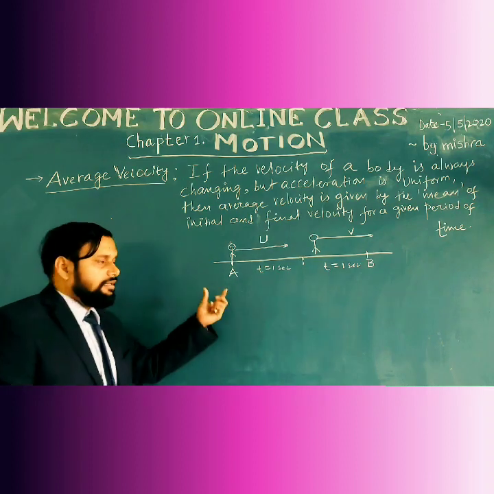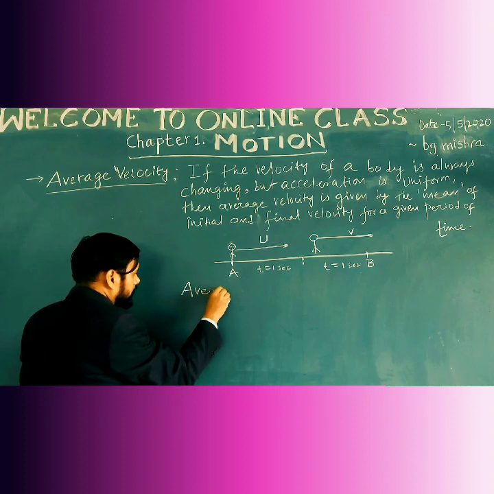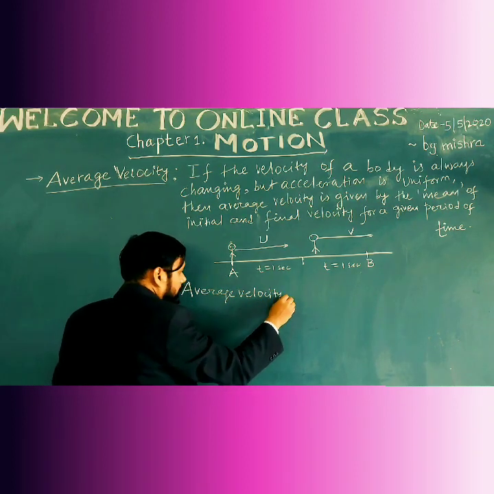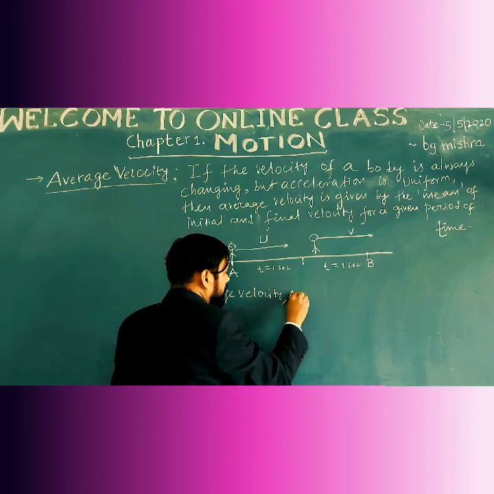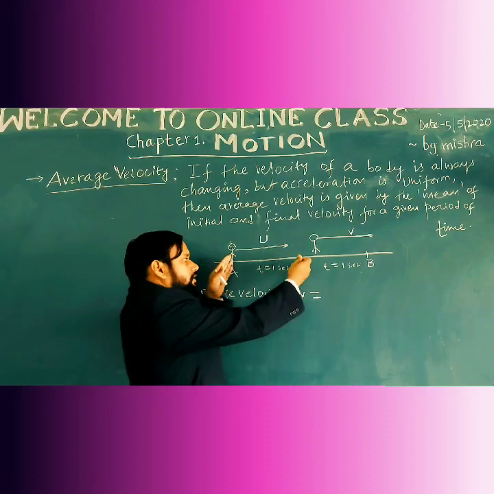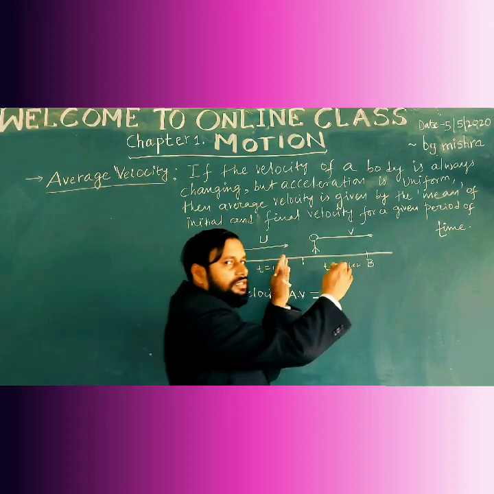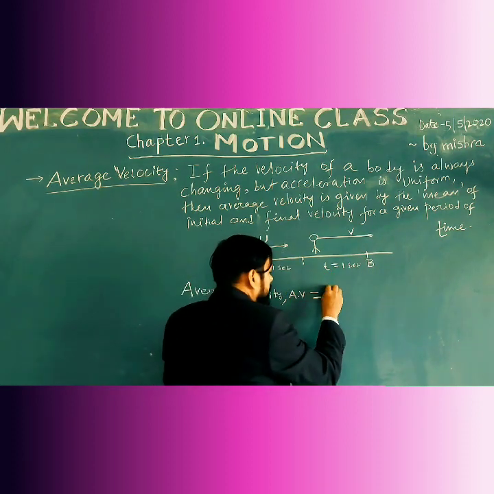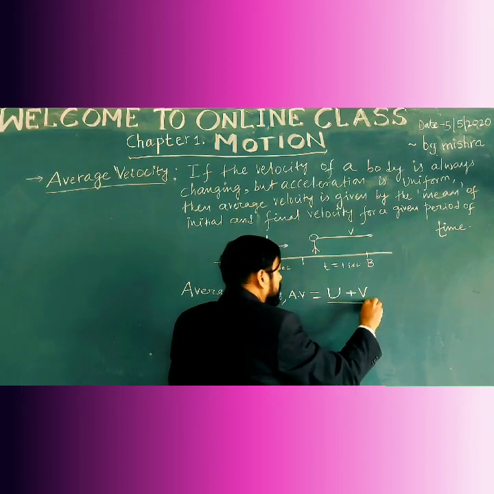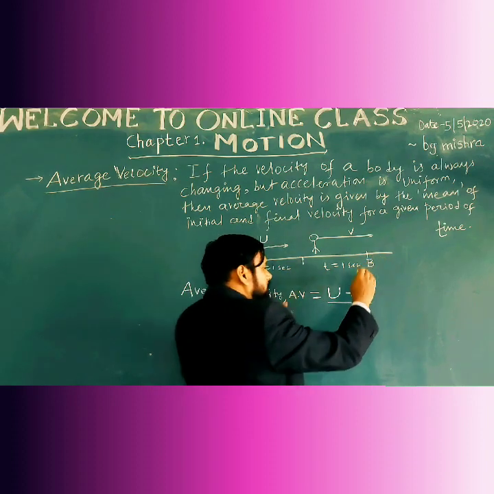That means the average velocity, v_AB, we can write AB equals to, say, the first part its velocity is u, and for the second part its velocity is v. So we can write initial velocity u plus final velocity v upon, in the first part the time is 1 second, and in the second part time is 1 second.